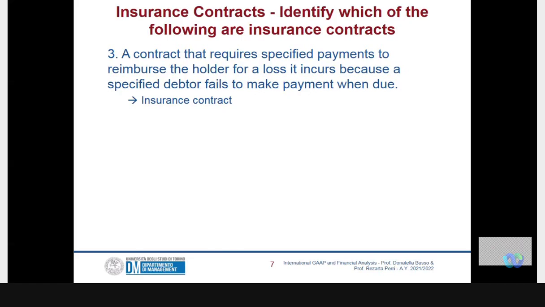We are going to pay only if the debtor fails to do so. And this is the example, unlike the previous one that we mentioned, when we had to pay whatever the debtor does, that was not an insurance contract. We were not uncertain about the future. We were certain that we would pay. But in this case, no. We will pay only if the debtor fails to do so.